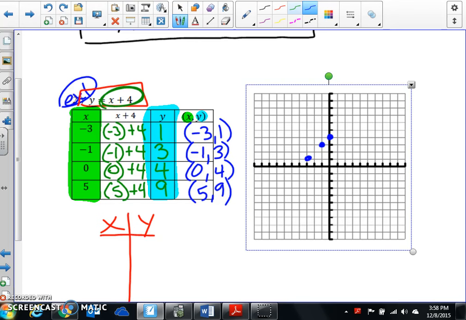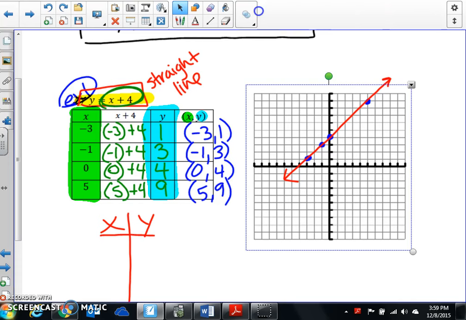And then 5, go to the right 5, 1, 2, 3, 4, 5, up 9, 1, 2, 3, 4, 5, 6, 7, 8, 9. The last thing that you're going to do is connect your points. And I should get a straight line. Anytime I am given an equation in y equals form, it's going to form a straight line.